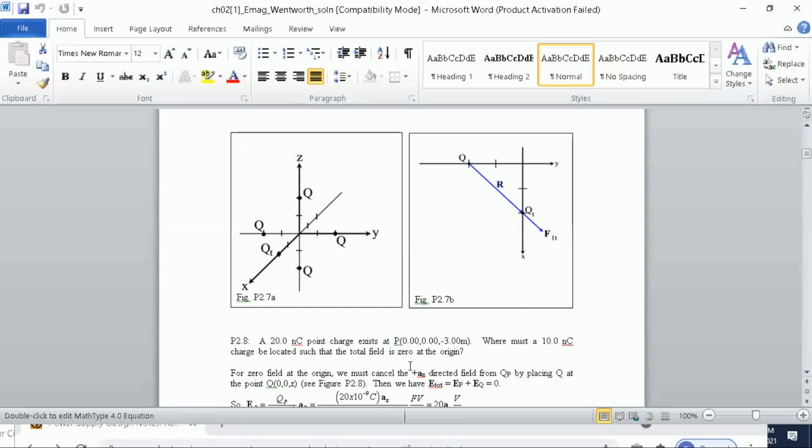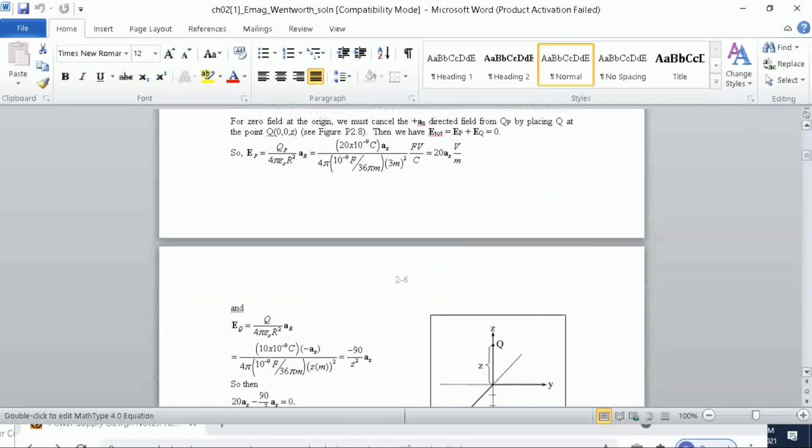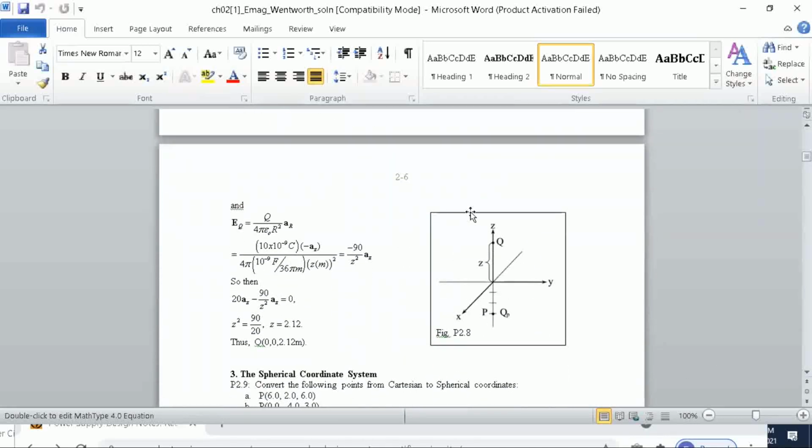So you must cancel that plus AZ direction, which means you must place your other charge on the other side of the origin, right? So here's your figure. Something like that.